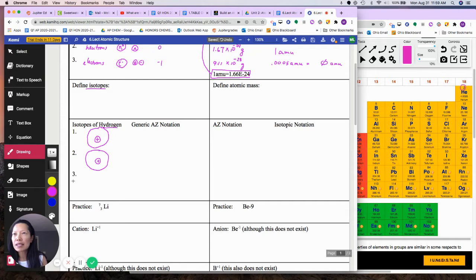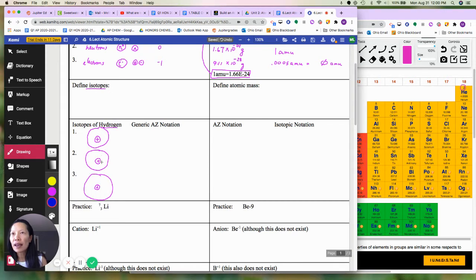Okay. This third one, if you can guess, what atom is this? Yes, since it has 1 proton, it's also hydrogen. But these 3 hydrogen atoms are very different. The first hydrogen atom does not have any neutrons. The second one has 1 neutron in the nucleus, and the third one has 2 neutrons.